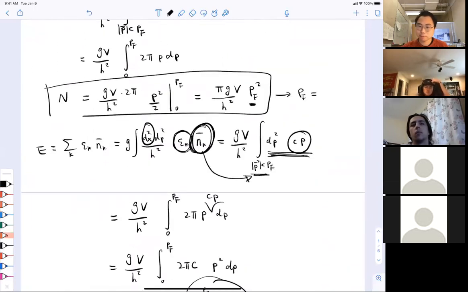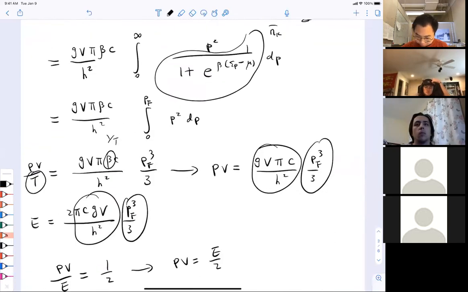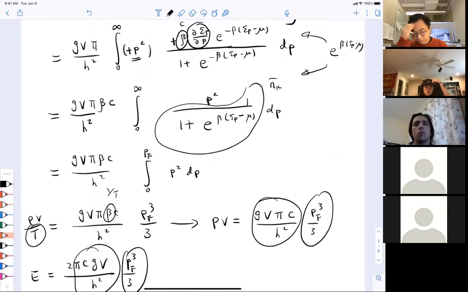Does it matter that we sort of took the beta to infinity limit after doing the integral, like already kind of done in terms of the distribution function? I don't think so. I guess it doesn't.